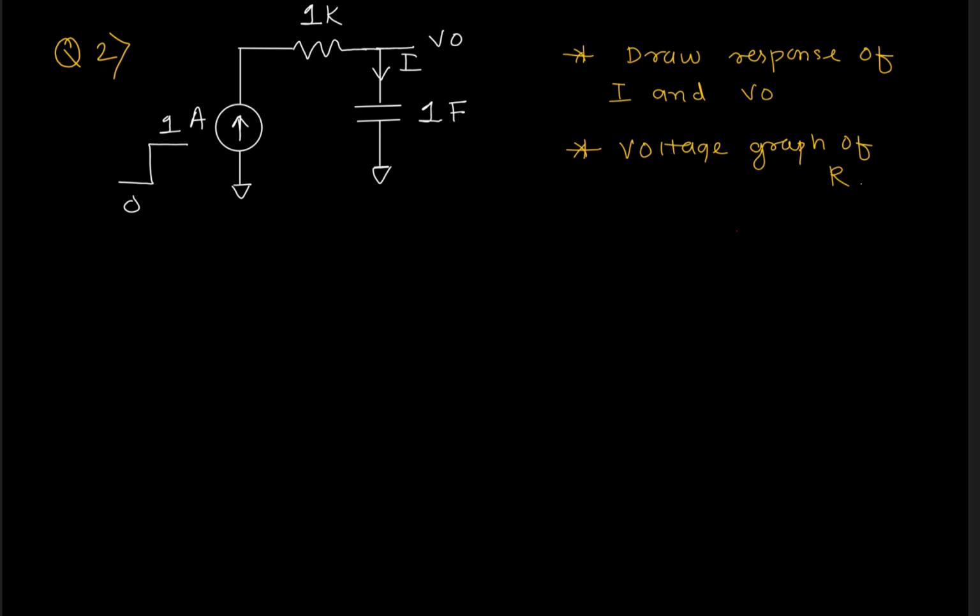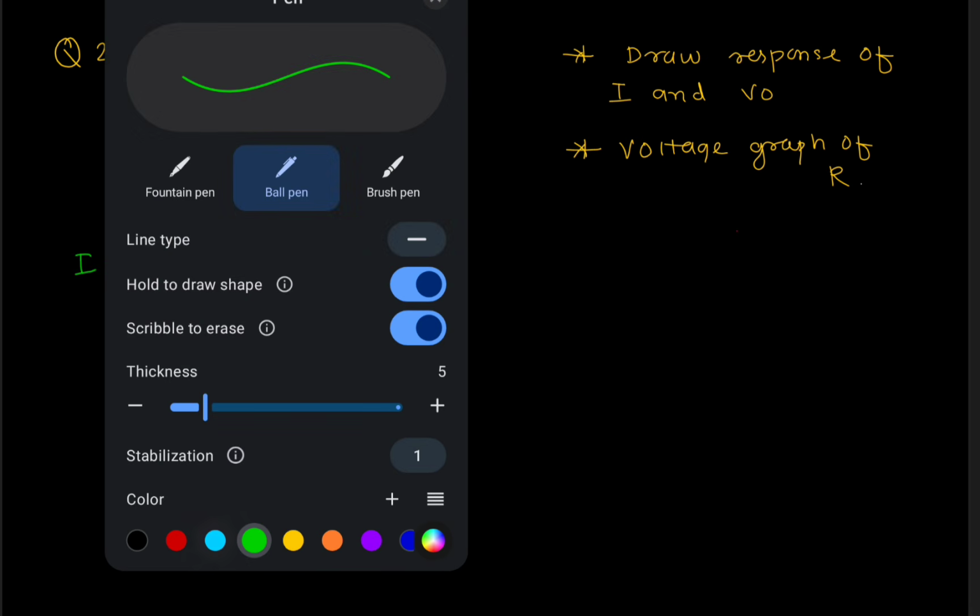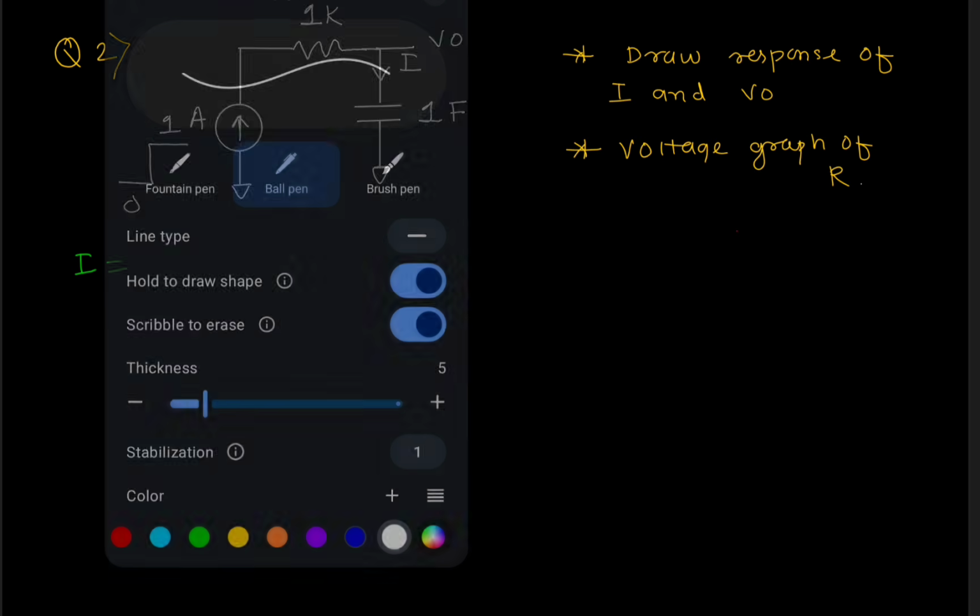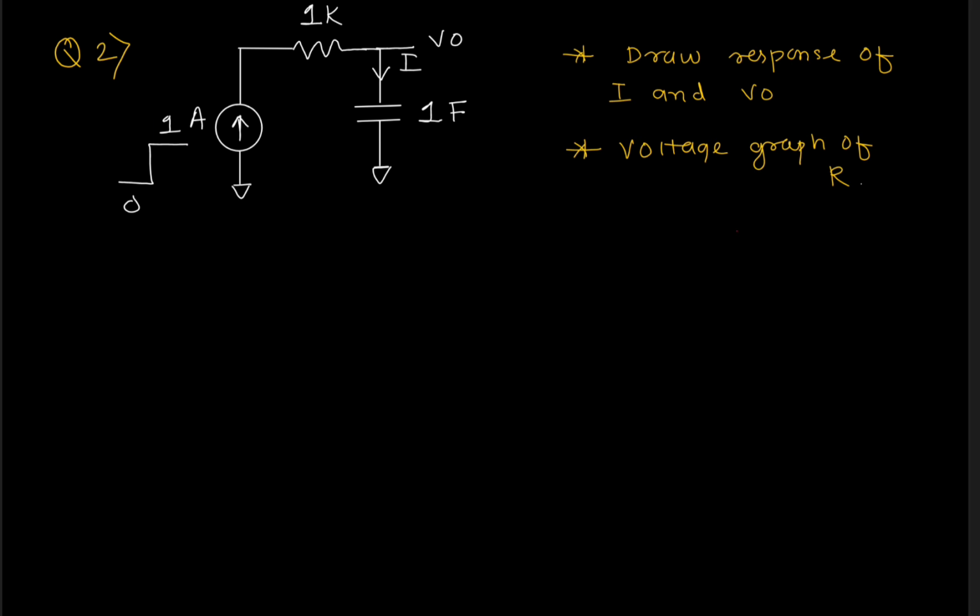and they then told me to do the previous things. Okay, so here I is constant, so that's why VR will always be 1 volt.